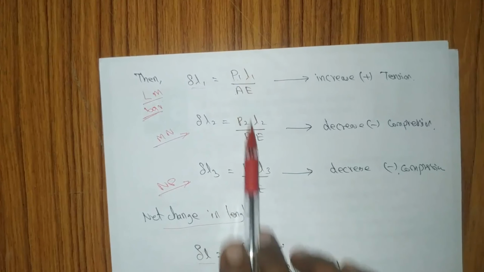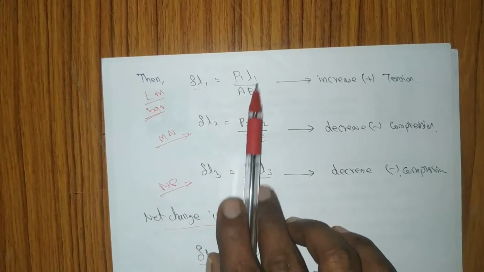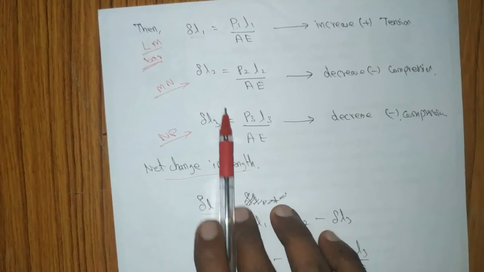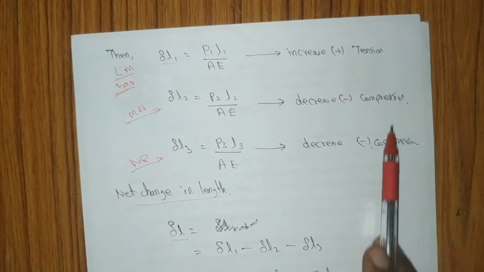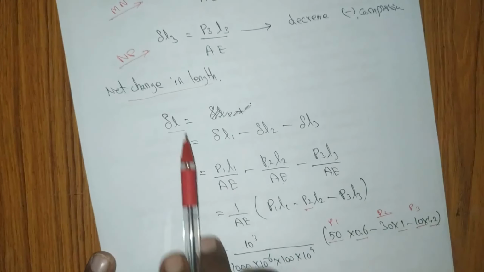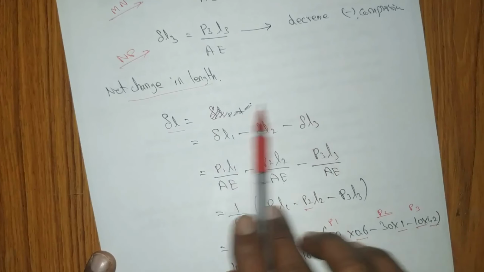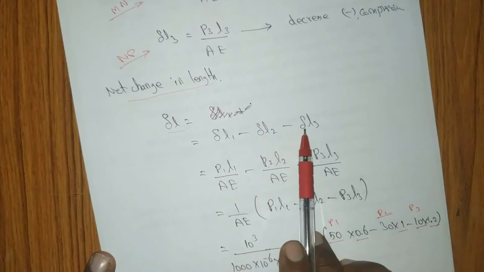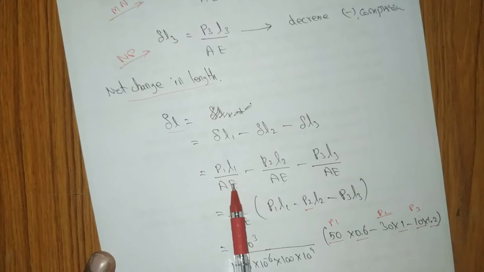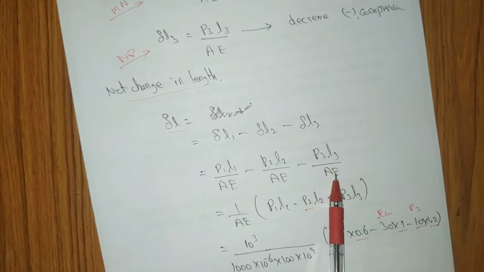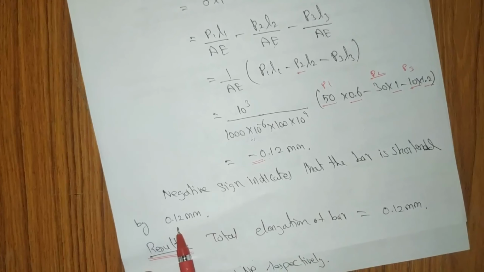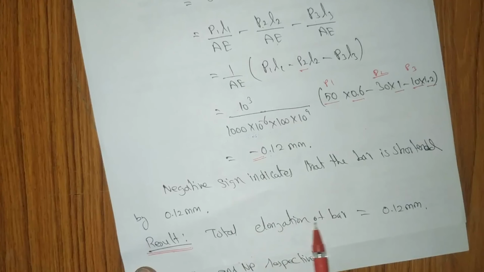Here the area and the metal are the same. For L1, L2, L3 we calculate, and for compression we put minus. The total length change is the sum of all three elongations. This is compression, that's why we put minus: P1 L1 by AE, P2 L2 by AE, P3 L3 by AE. If you substitute, you will get 0.12 mm. So the total elongation of the bar is 0.12 mm.